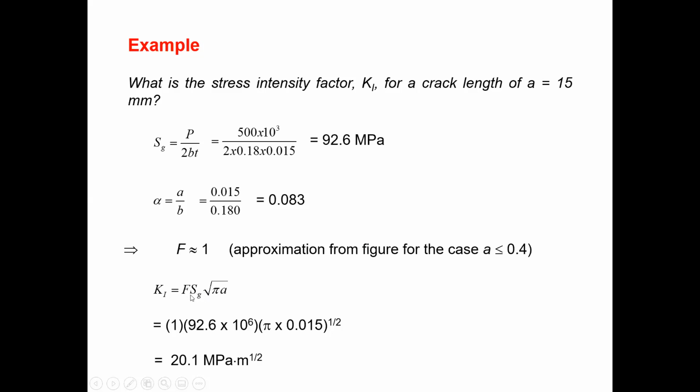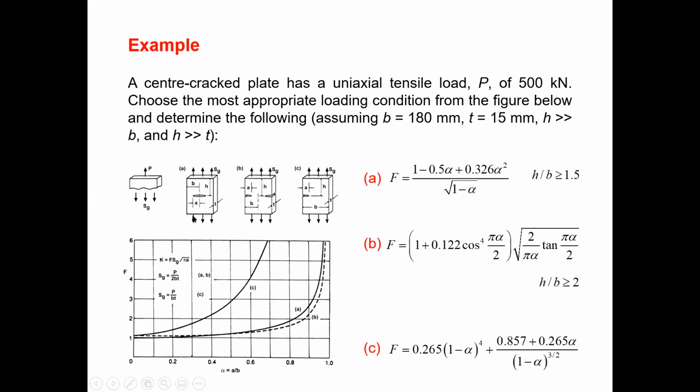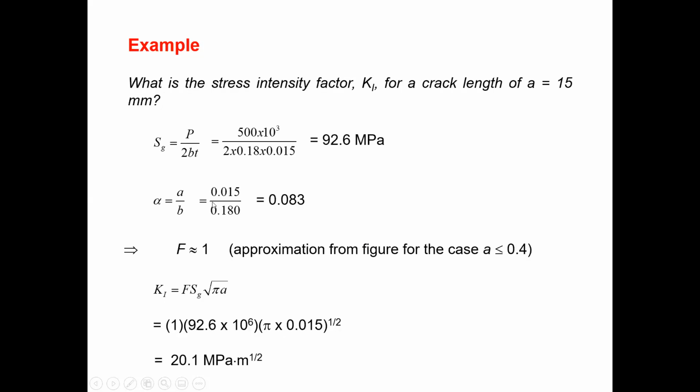Just substitute F equals 1 here for case A, and the stress we already know. Then you can substitute these values. Here the 15 millimeter, this is the center, so the a they provide as 15, so this is 13, but you need to consider 15, so that's why they consider 15 millimeter. Then you will get the value for Ki.